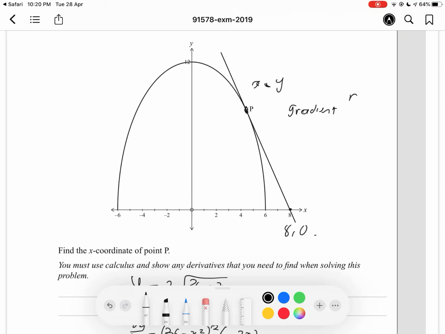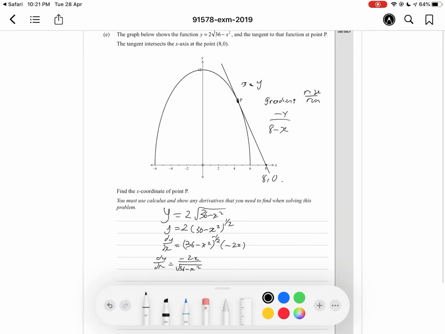So we know that our gradient is equal to rise over run. As you can see, our rise in this case is actually negative y, because it's a negative gradient. So our gradient is negative y over 8 minus x. I believe that is correct.